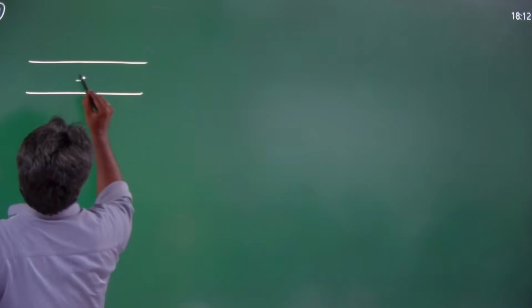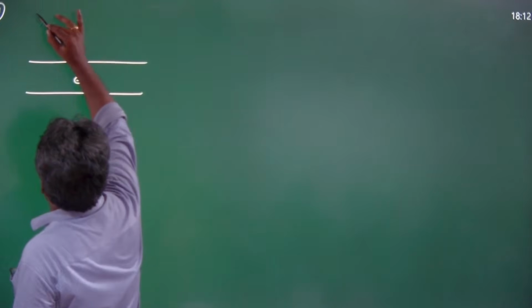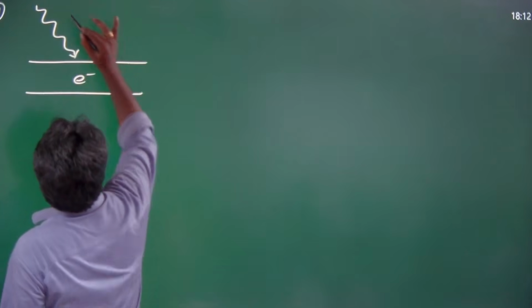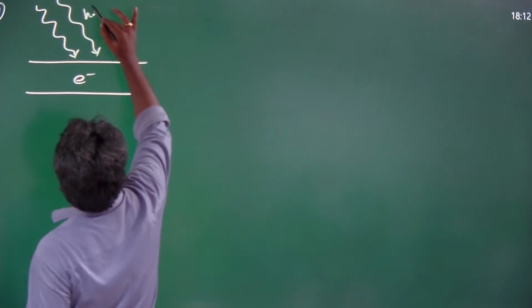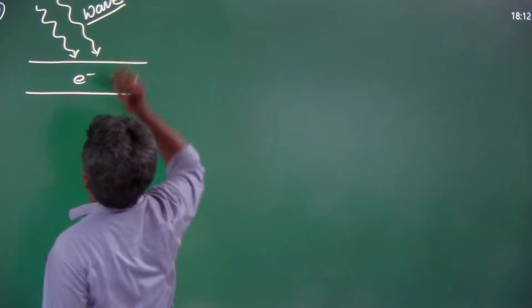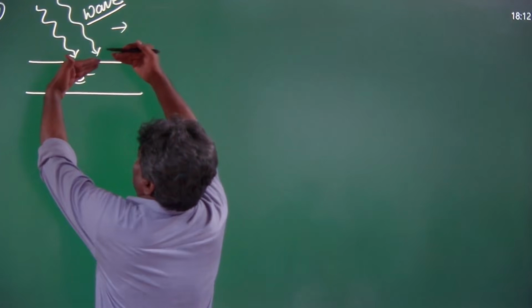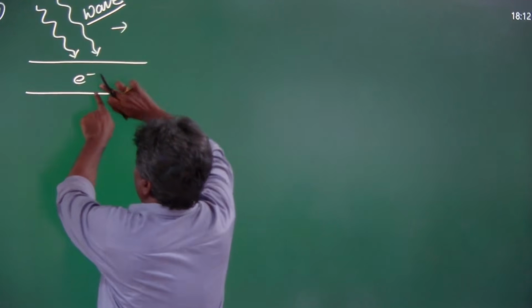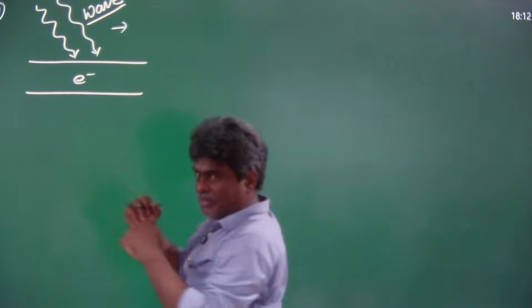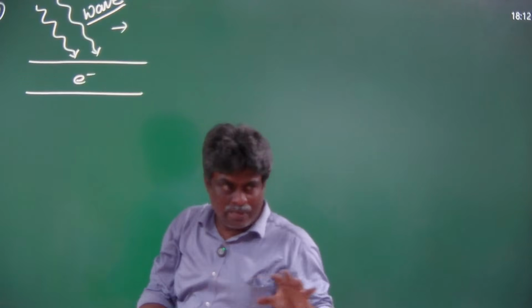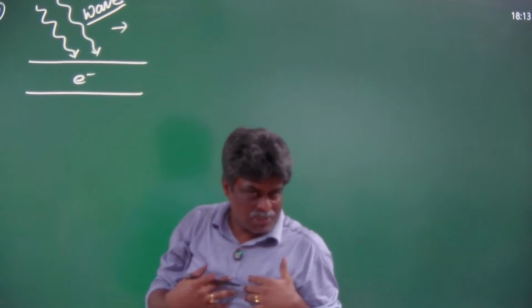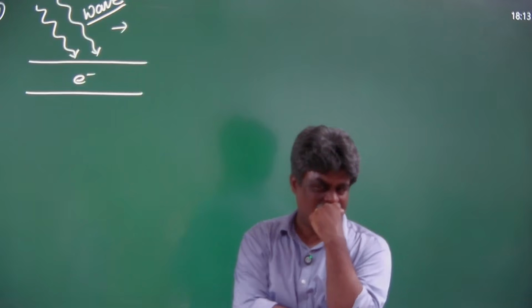Now once again. The first point: whenever you have taken this electron, and here you have taken a wave behavior, listen carefully, then what's the problem? If you increase the intensity of the wave, the electrons must be emitted with high kinetic energy, but that is not observed.